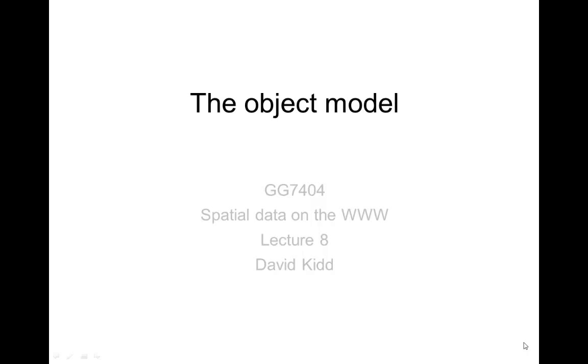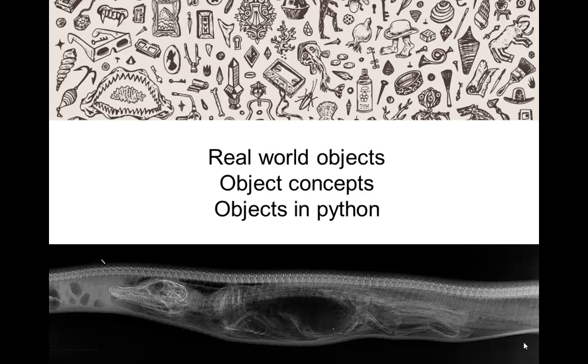Okay, so this week we'll have a look at the object model. The lecture's basically divided into three different sections. I'm going to talk briefly about real-world objects, what they are, how you identify them, that sort of thing.